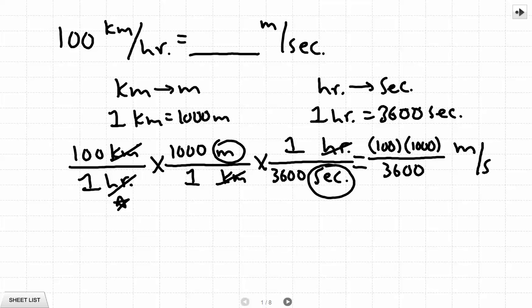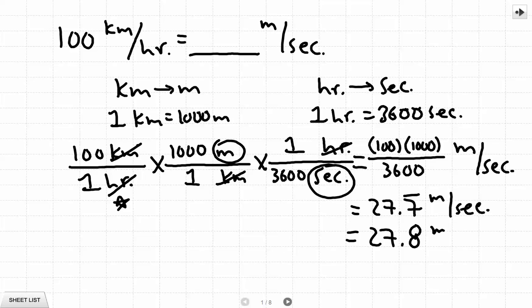So that's meters per second. And when you do the math, so 100 times 1,000, and then divided by 3,600, you end up with 27.7, which repeats, meters per second, which you can round just to 27.8 meters per second.